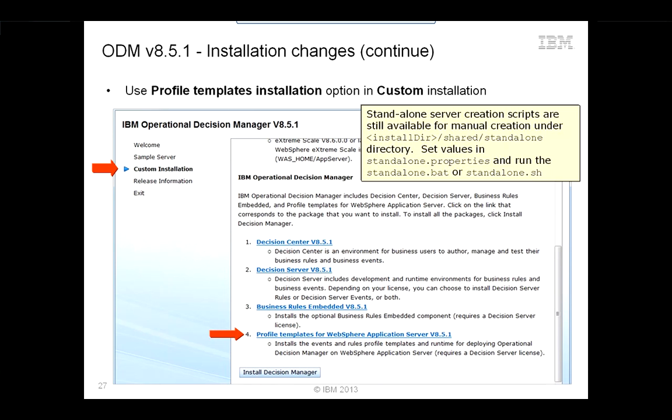I've done the installation myself just to see what's new in 8.5.1. It installs faster than before, and it's as easy as before. I expected it to take longer because I'm used to older releases, but it installs pretty quickly.